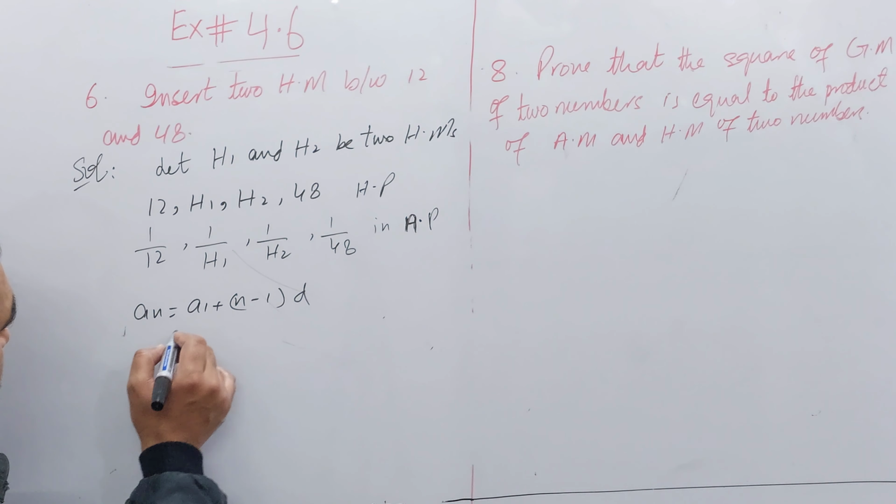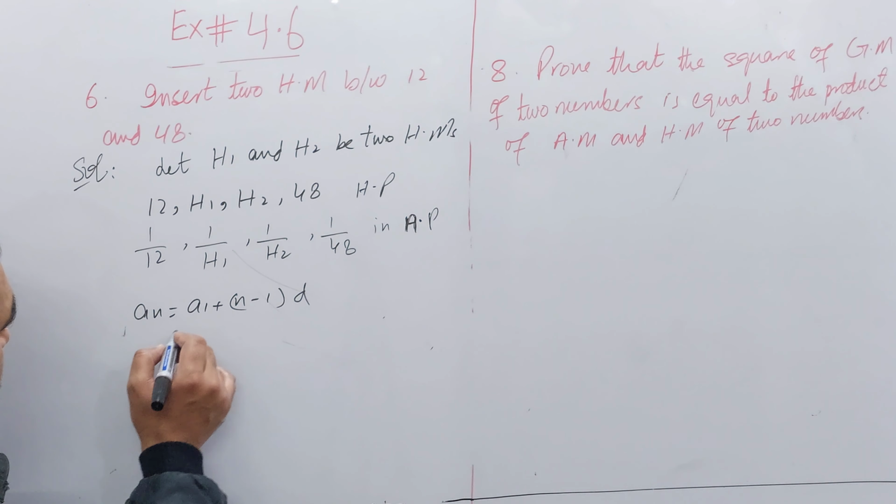This is the fourth term, so a4 is equal to a1 plus (4 minus 1)d, which is 3d. Putting the value of a4, 1 over 48 is equal to 1 over 12 plus 3d.